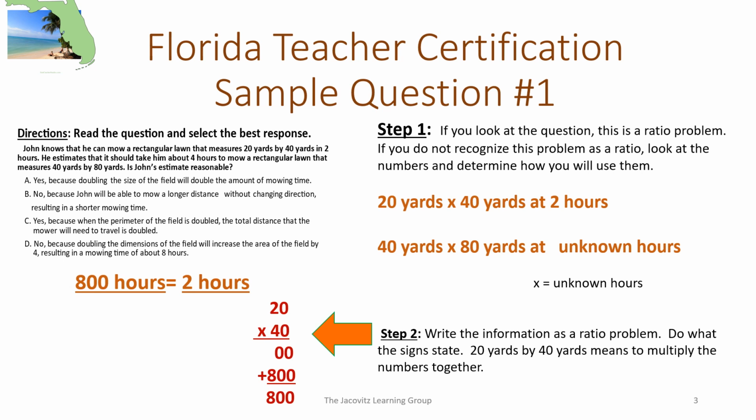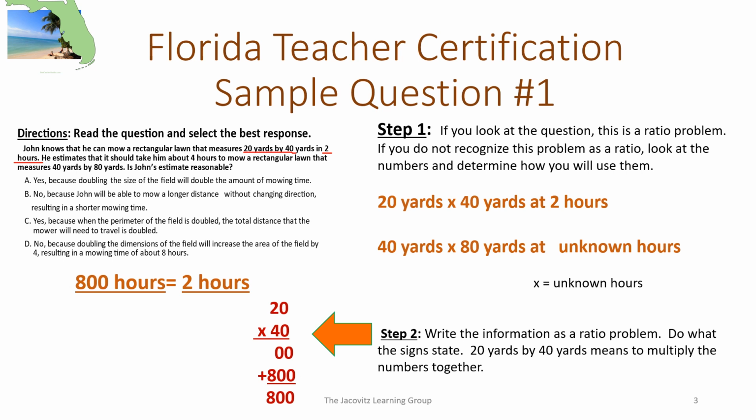He estimates that it should take him about 2 hours in that time period. So it's right here in the example, 20 by 40, and you have 2 hours. You can do 2 hours times 60 minutes and change it into 120, but we're going to keep everything simple here.